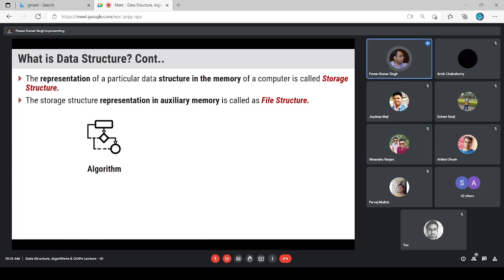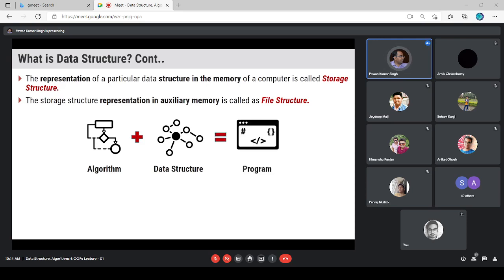So it's a set of rules, or you can say a set of methods, or some iterative steps to solve a particular problem. And if you add your algorithm to the data structure, it will become a program. That is, how you are structuring your data, and based on that you design an algorithm, and combining these two, you will get a program.